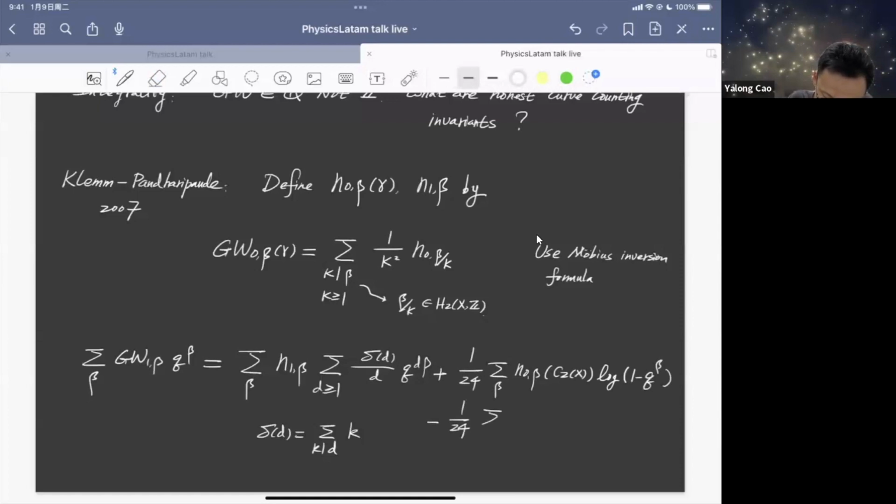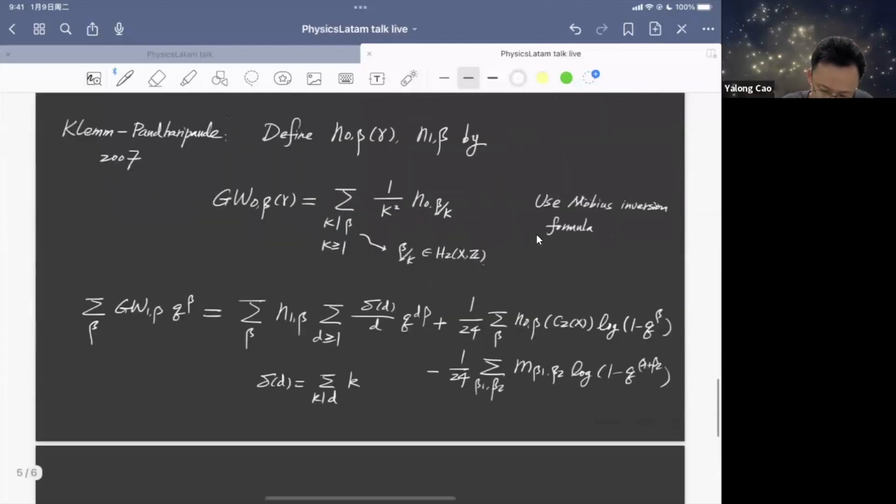And we subtract the last part, where we sum over all possible beta 1 and beta 2, such that there is something called m of beta 1, beta 2, times log of 1 minus q to the power beta 1 plus beta 2.